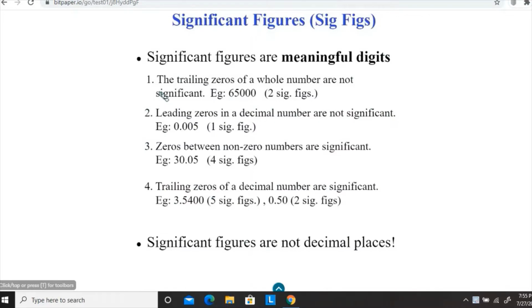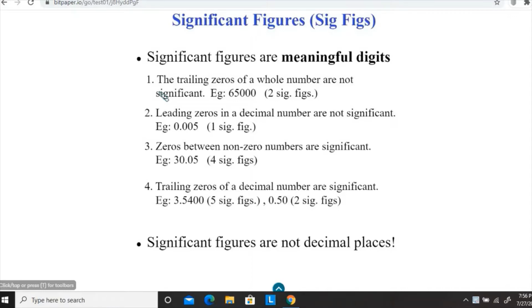Now let's look at significant figures. Remember that significant figures are meaningful digits, that are digits that we can measure with certainty. There are basically 4 rules that you need to know when working with significant figures. The first rule is trailing zeros of a whole number are not significant. So here you have an example, 65,000.